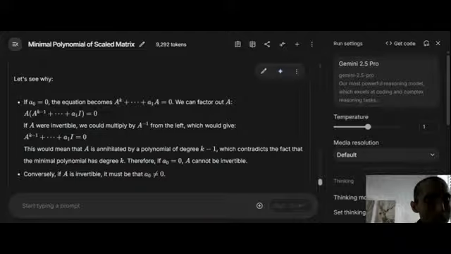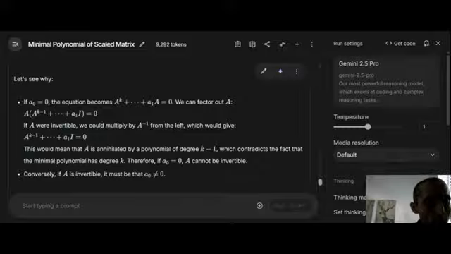You get a polynomial of degree k minus 1, which is less than the degree of the minimal polynomial, and it annihilates the matrix. This should not happen, because the minimal polynomial by definition is the minimal degree polynomial that annihilates the matrix.